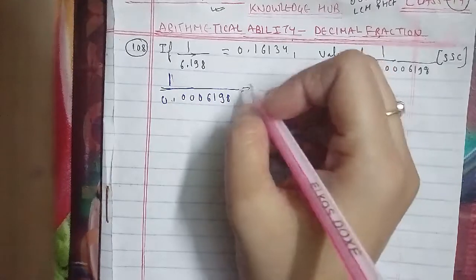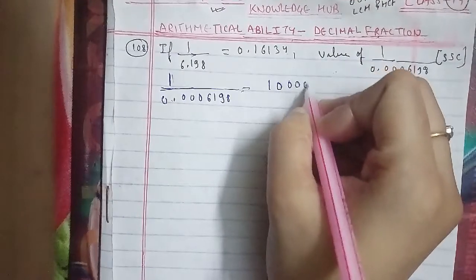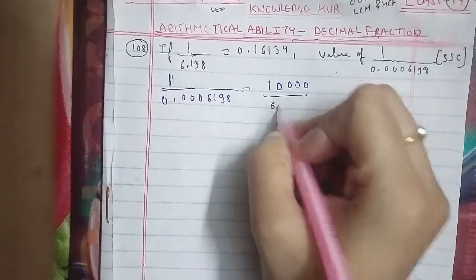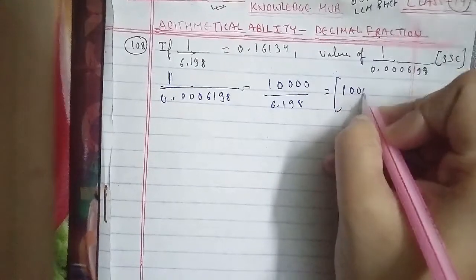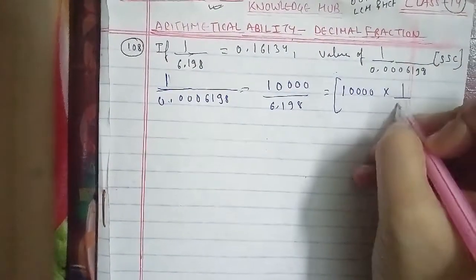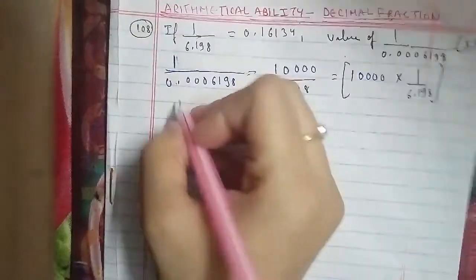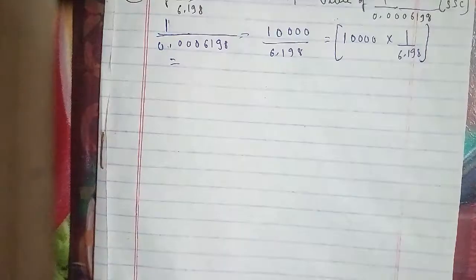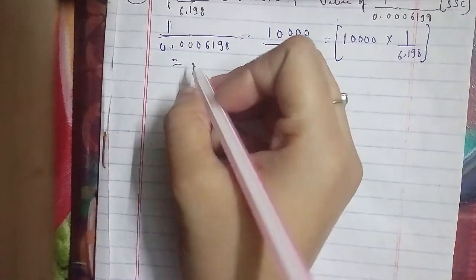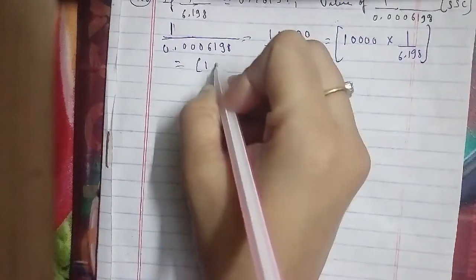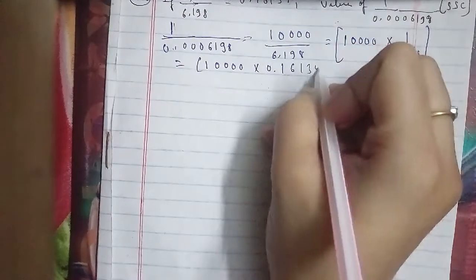That is 10000 upon 6.198, which equals 10000 into 1 upon 6.198, which equals 10000 into 0.16134.